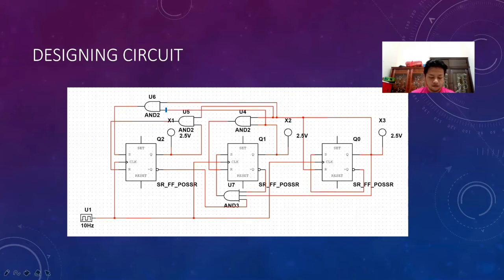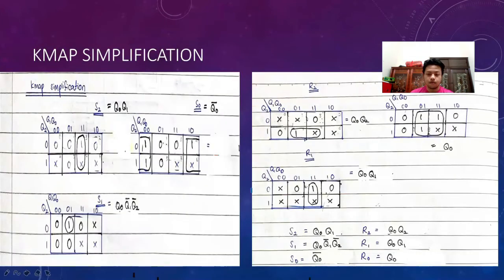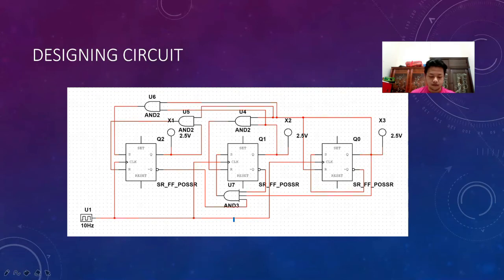And then R2 equals Q0 times Q2. So we connect Q0 and Q2 together here. So this is our finalized design circuit.